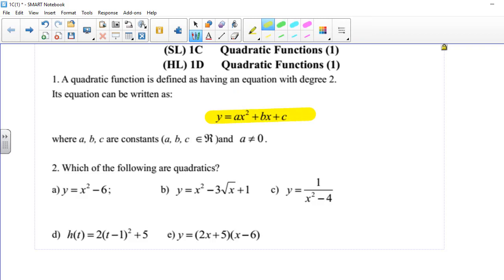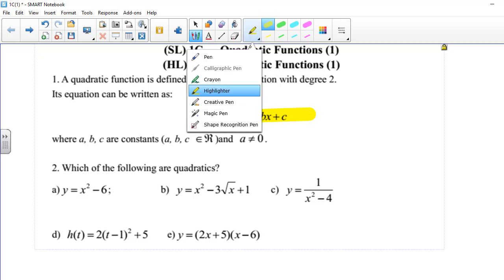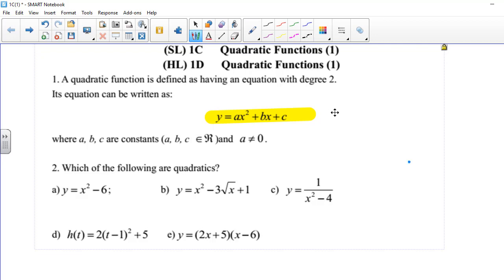You can see a trinomial on the right side, and this form is also called the general form of a quadratic function. In this form, a, b, c are constants, and a cannot be 0. If a is 0, the second degree term will disappear. Therefore, a has to be a non-zero real number in order to keep the highest degree 2 in this equation.